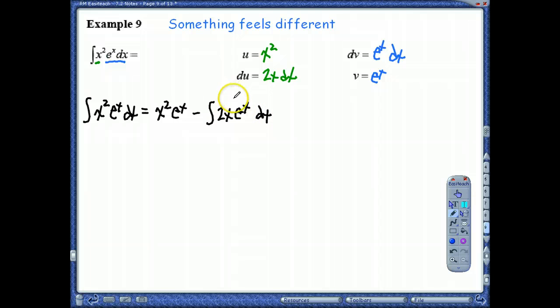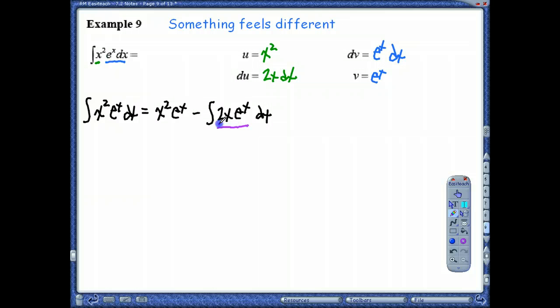Now, before, when I look at what I have in my integral, I could integrate that. But looking at what we have here now, I still can't integrate that with a simple u substitution. It is a product, so I'm going to have to do integration by parts again.